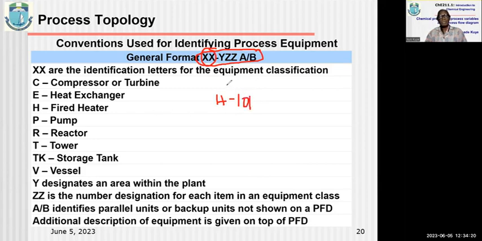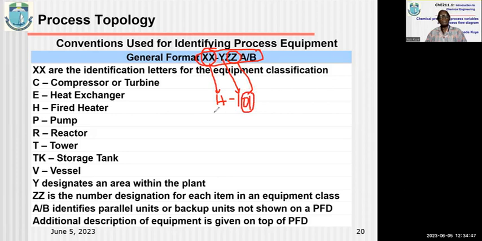So if you look at this the way it is, your XX is this H, your Y is this 100 in this case, and your ZZ is 01.